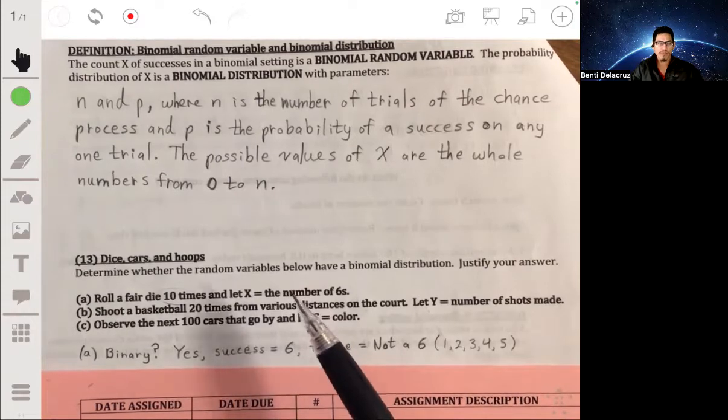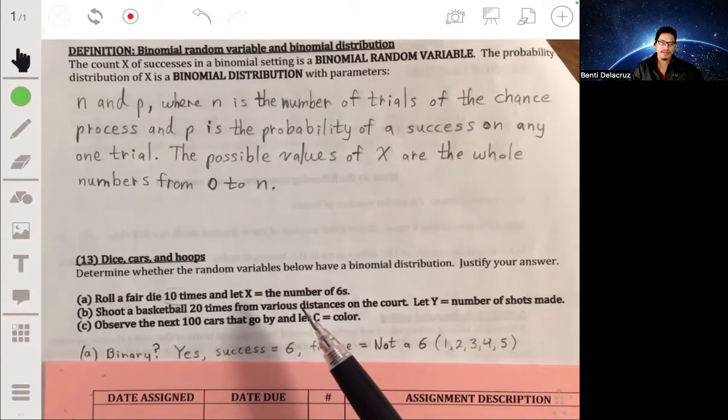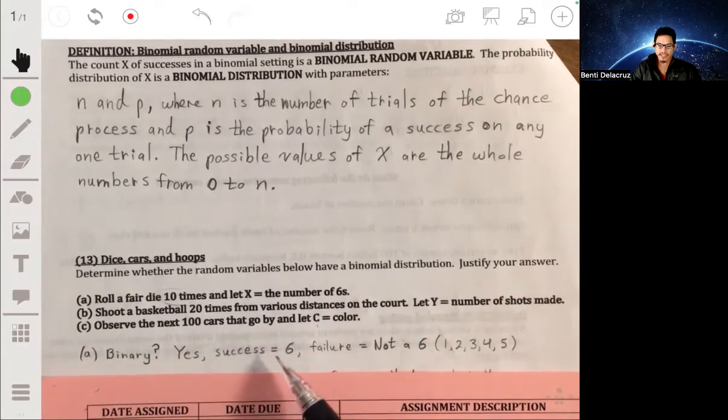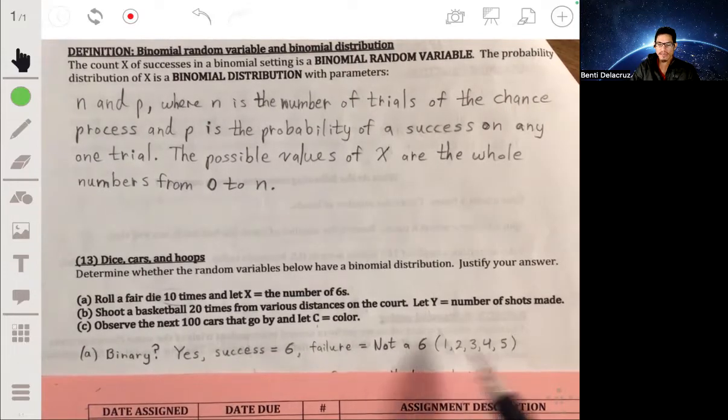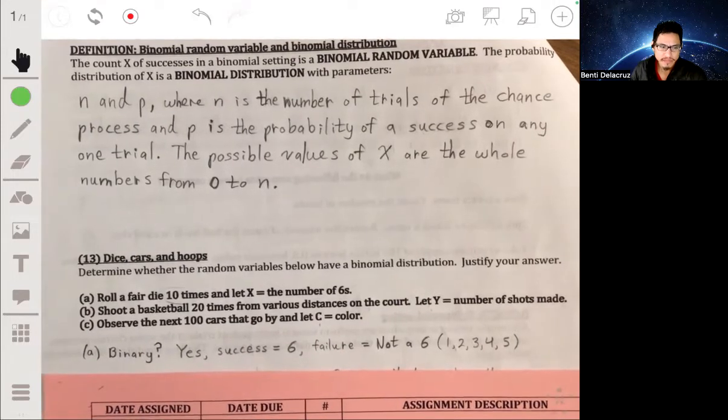Don't make 6 possibilities. It's either a success if it gets a 6 or a failure if it's not a 6. There are 5 ways to not get a 6, but it's still just one event.